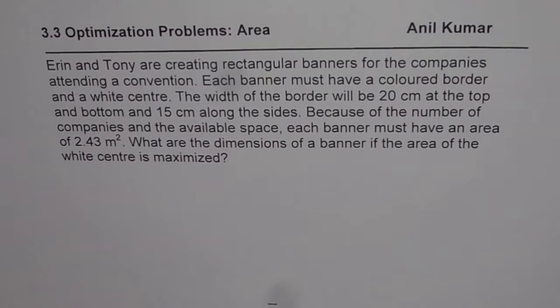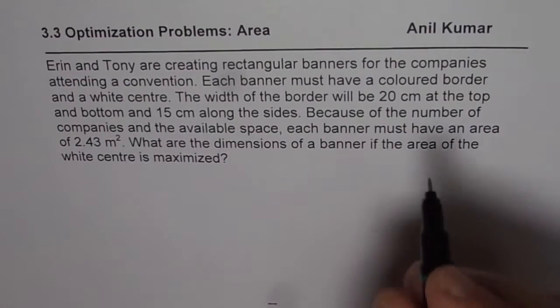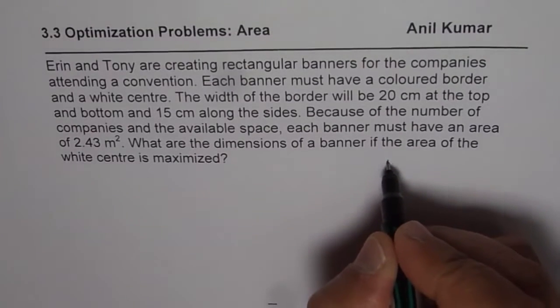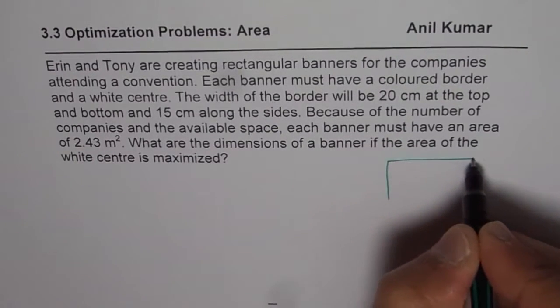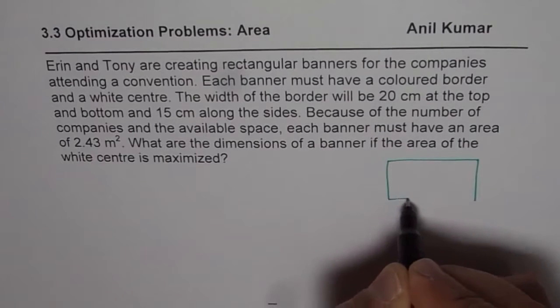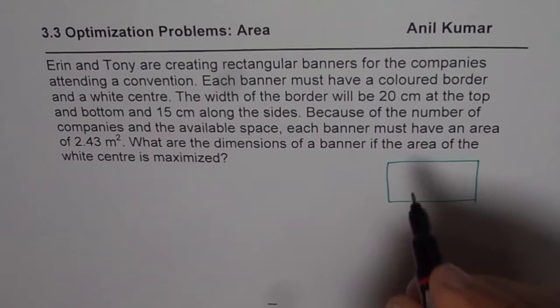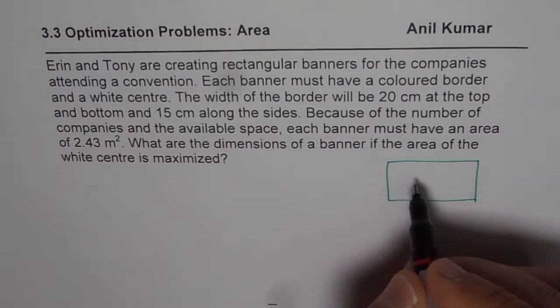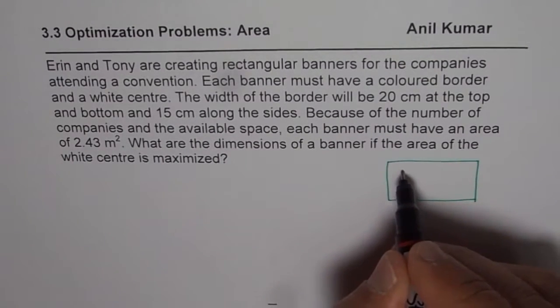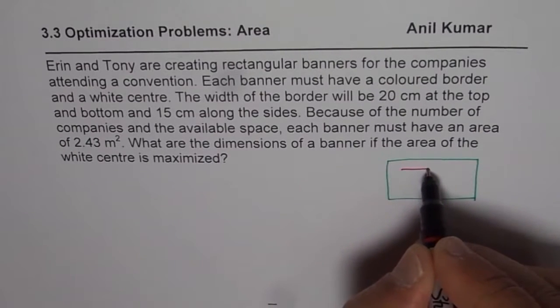Now here you will note that the units are different, and the width of the border on the length side and the width side is also different. So let's make a sketch of the banner. Let us say this is the rectangular banner. Now what we have here is a border and the central space which is white. The border leaves more space from the top than from the sides, so it is kind of like this.